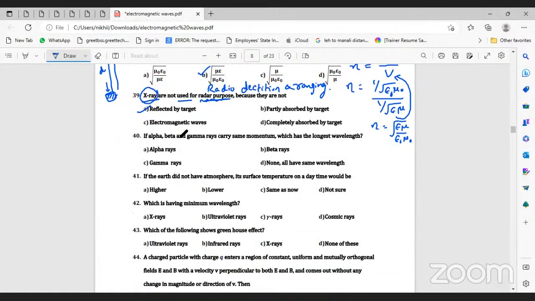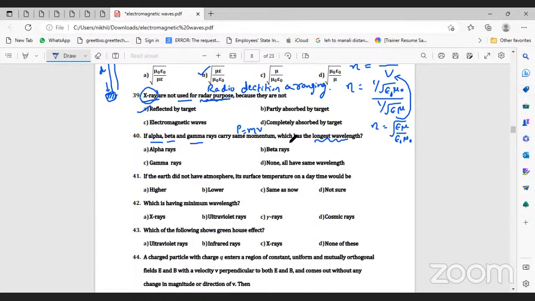Now there are three types of radiation: alpha decay, beta decay, and gamma decay. They are carrying the same momentum. You know that momentum is mass into velocity. Which one has the longest wavelength?